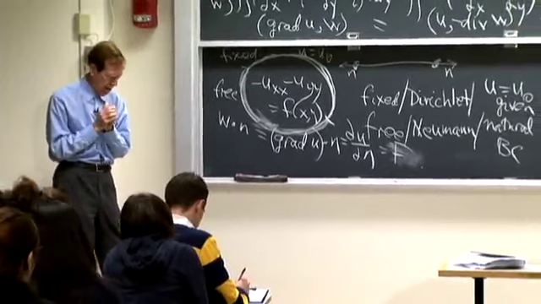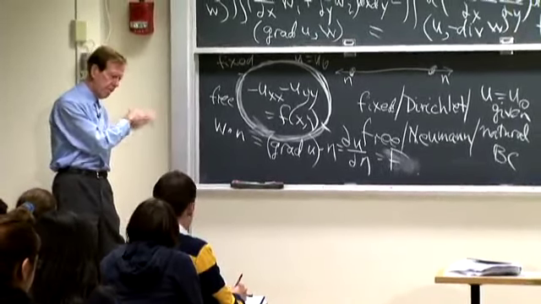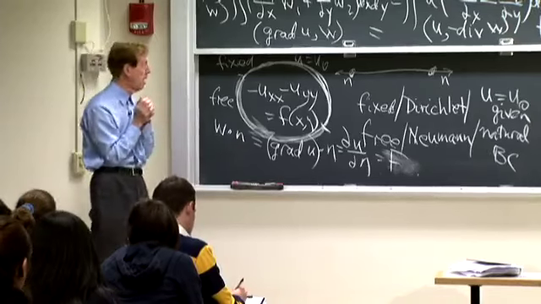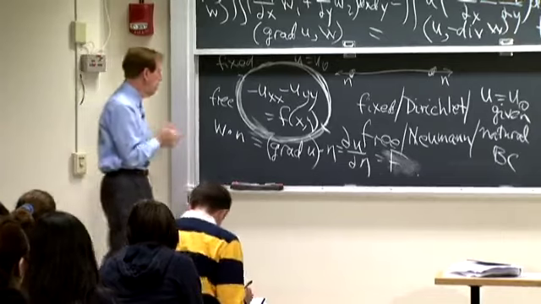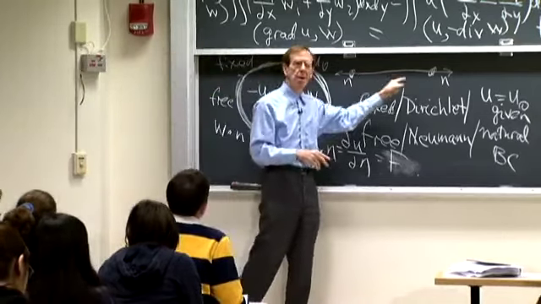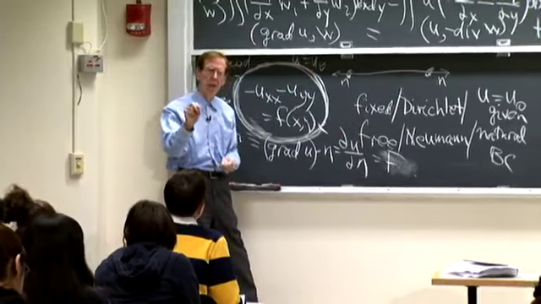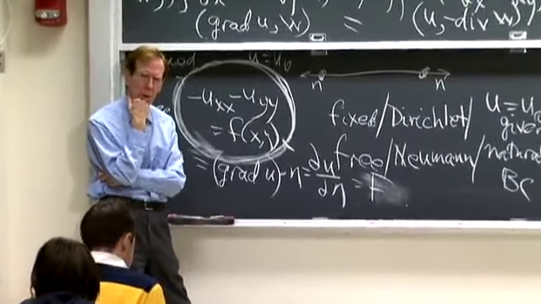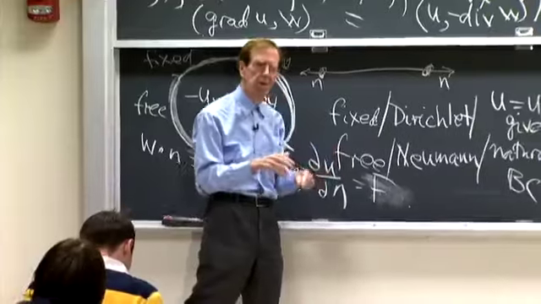I'll just ask one more question to bring this home, and then I'll get on to the fun today of fast Poisson solvers. What was the deal in 1D when we had free boundary conditions?